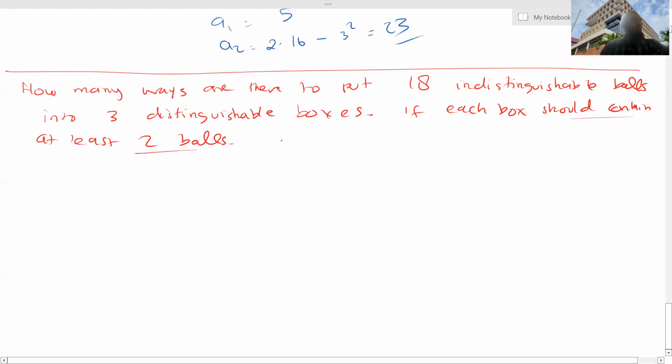So here, the steps are that, how do we answer this?